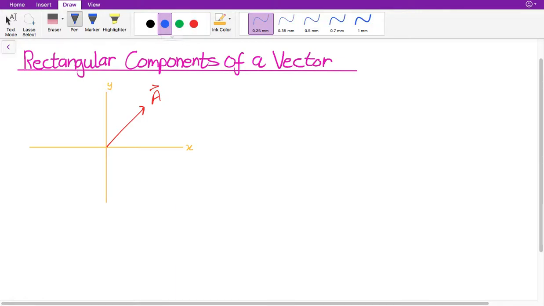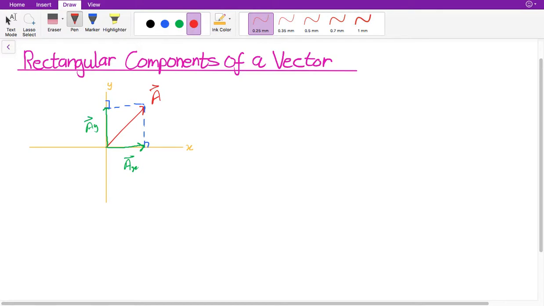And now let's drop two perpendiculars, respectively on the x and y axes. So we can now see that we can draw the components of vector A, and let's draw the horizontal component. So I'll draw that a bit neater. And we'll call that vector A sub x, and the vertical component, which is A sub y.